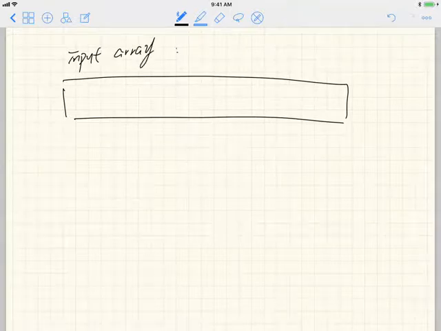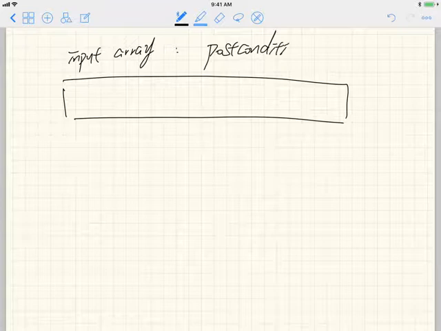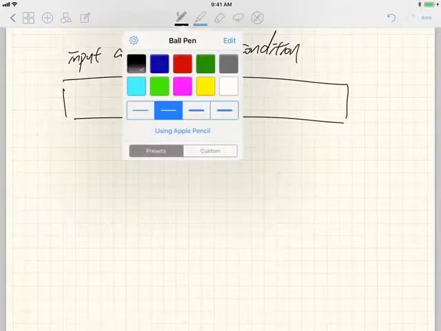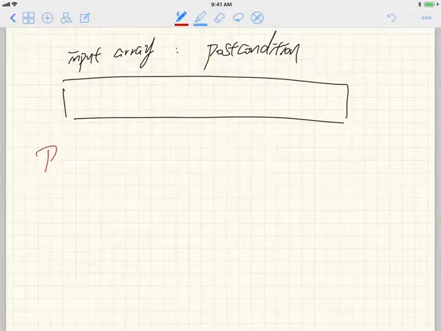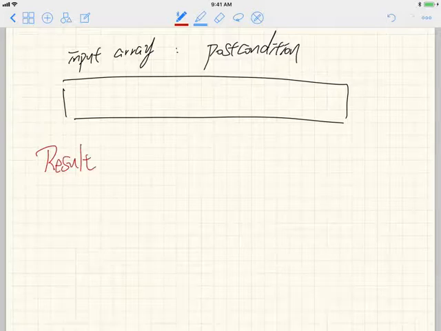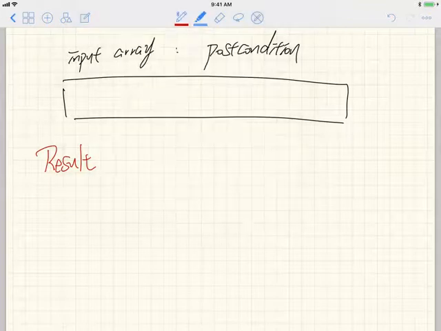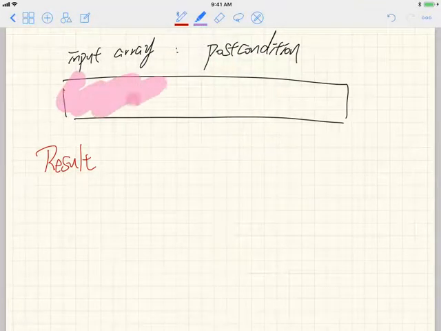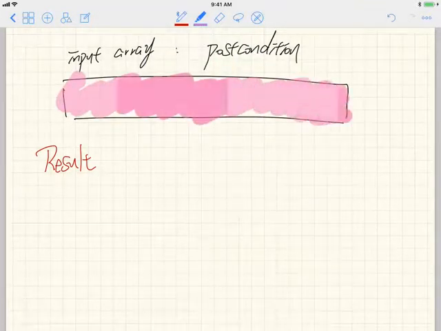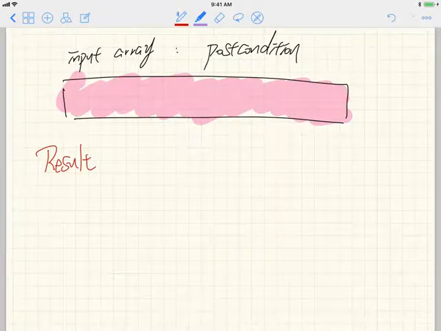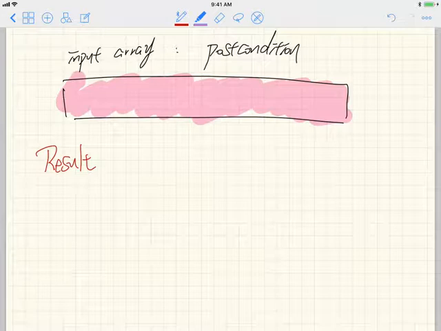So now, first of all, talk about the postcondition. What's the postcondition? We are saying that the result, which is supposed to be the maximum, is going to be the absolute maximum as far as the entire array is concerned. So this is the postcondition, just to say that the result should be larger than or equal to every element in the array.